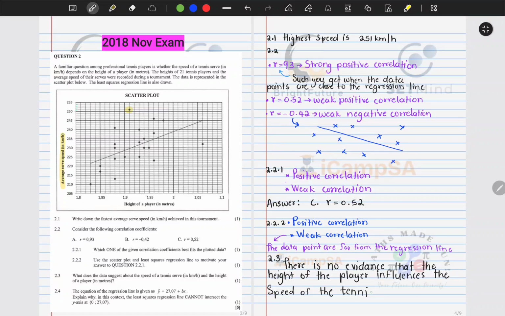There is no evidence that this is the case because of this low correlation. Okay.